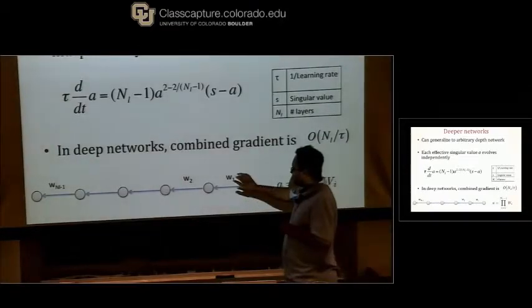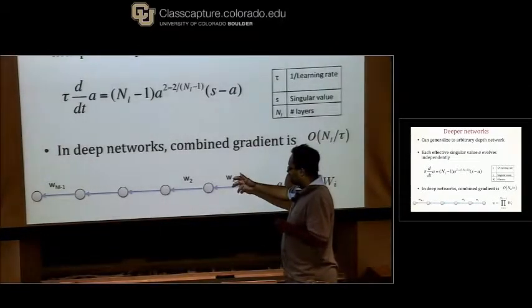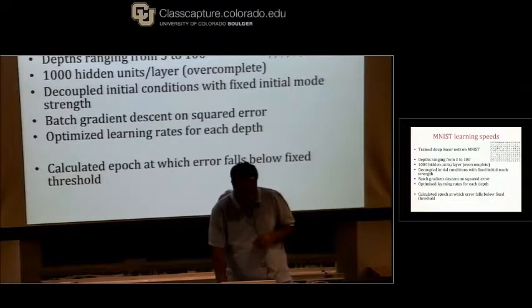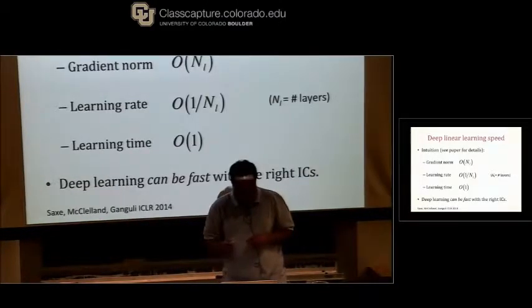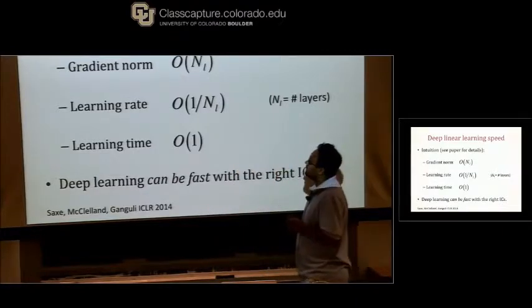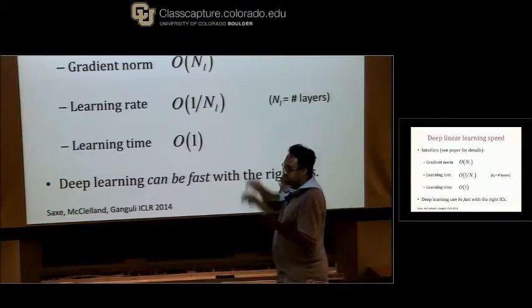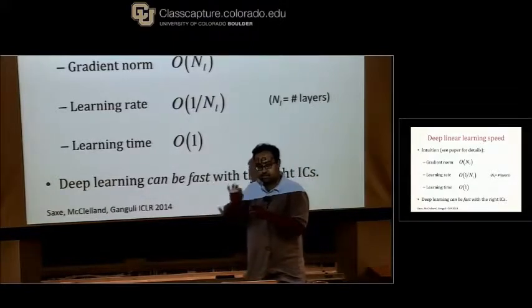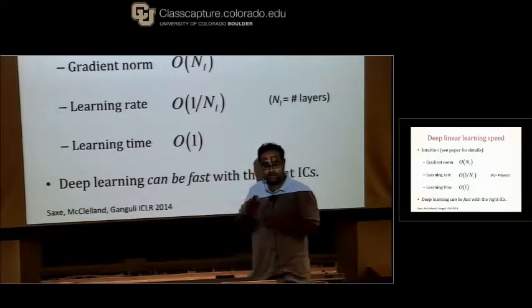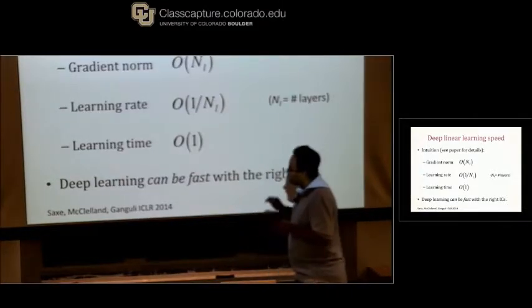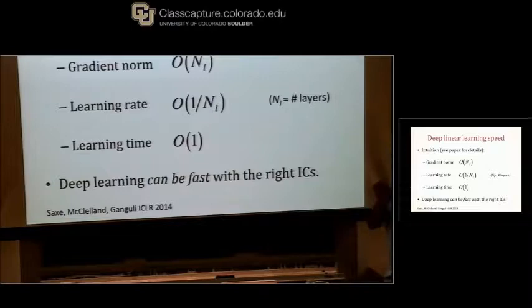And in that case, it makes a striking prediction: the norm of the gradient will be order n. You take a step in the direction of the gradient, but you have a proportionality factor, which is your learning rate. You make that small, 1 over the depth. And then you can get a learning time that's order 1, independent of the depth.